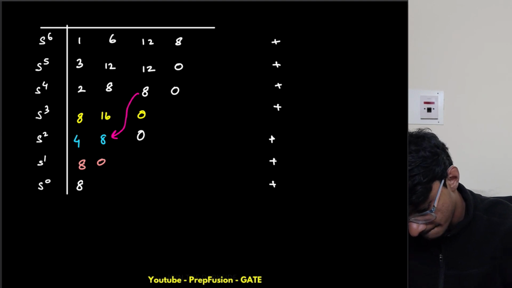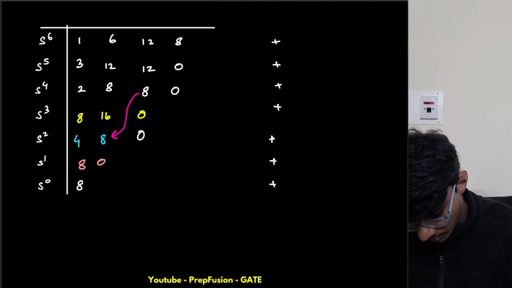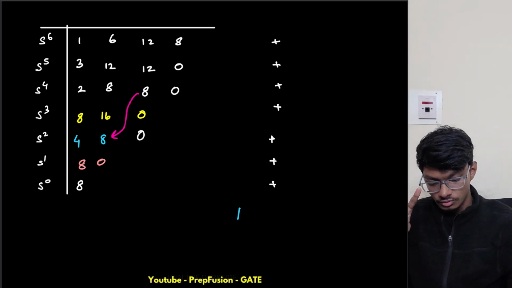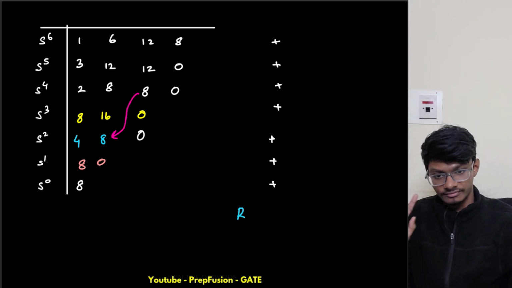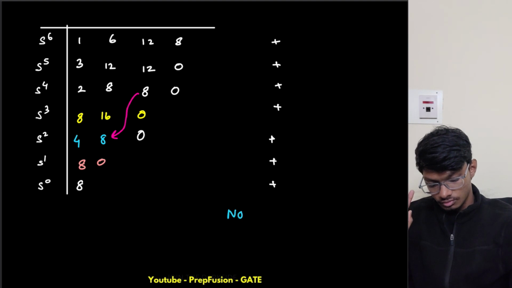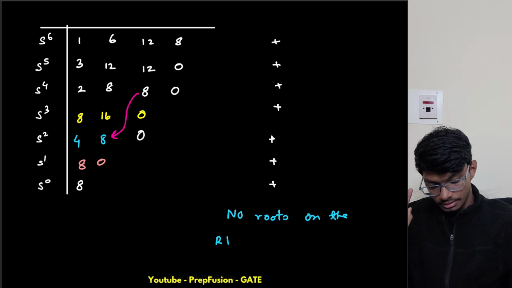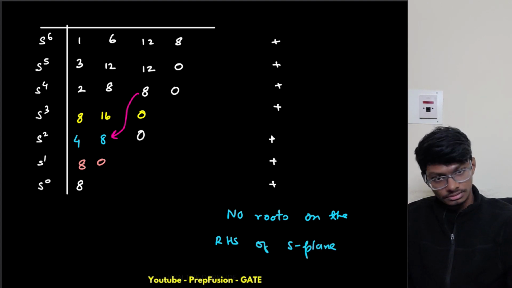So the remaining two roots, no roots on the right hand side of the S plane, that is the j omega axis.